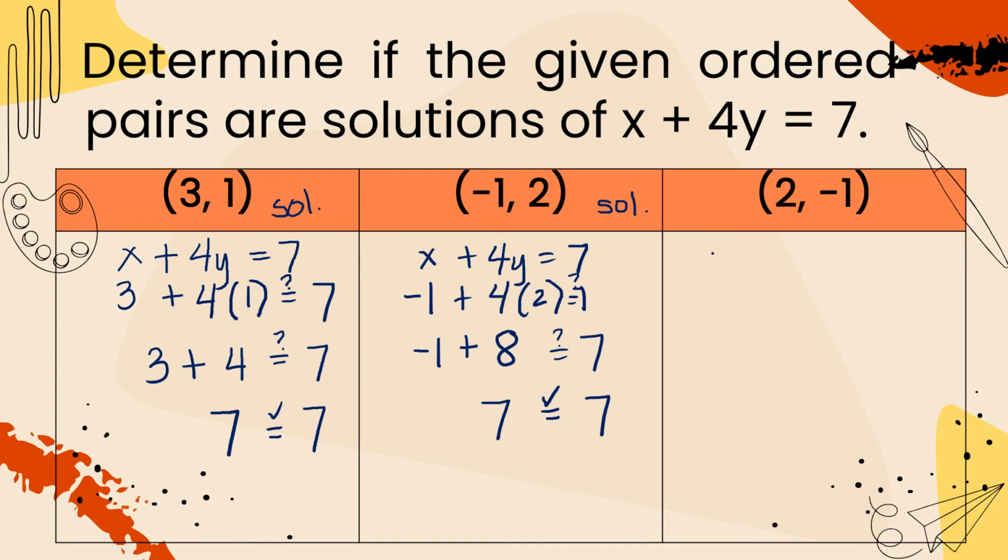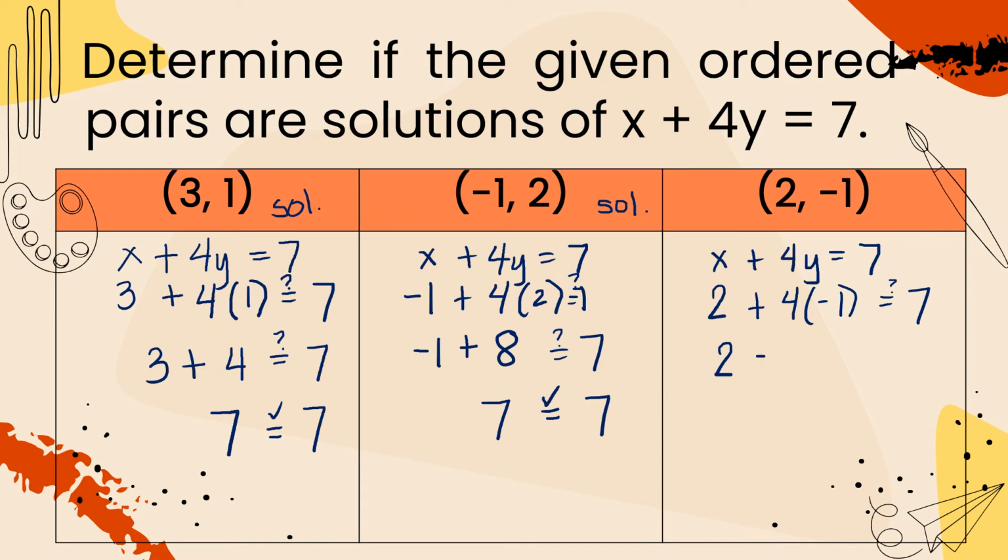For the third ordered pair, so let us try kung siya talaga ay solution if the ordered pair will make our statement or equation correct. So x is equal to 2 plus 4 times negative 1 is it equal to 7. So we copy 2 and then 4 times negative 1 will give us, correct, that is negative 4.